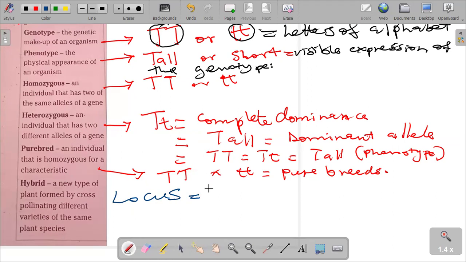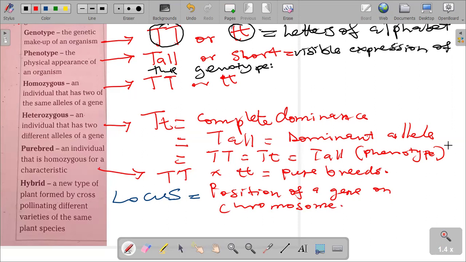So it is the position of a gene on a chromosome. We call that locus. The position of a gene on a chromosome is called locus.